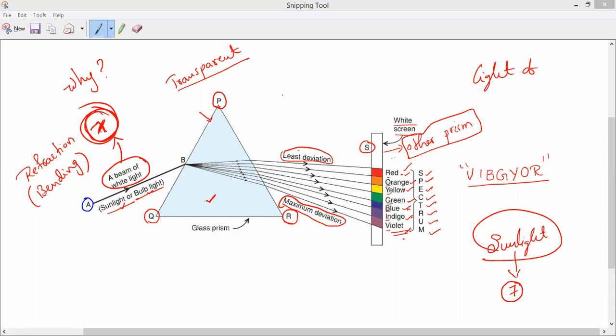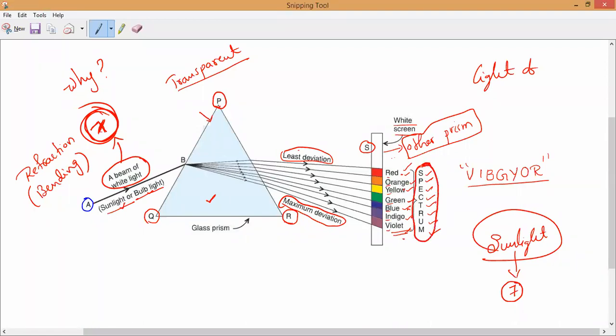So when white light, which consists of seven colors, falls on a glass prism, each individual color is refracted or deviated by a different angle, with the result that the seven colors are spread out to form a spectrum.